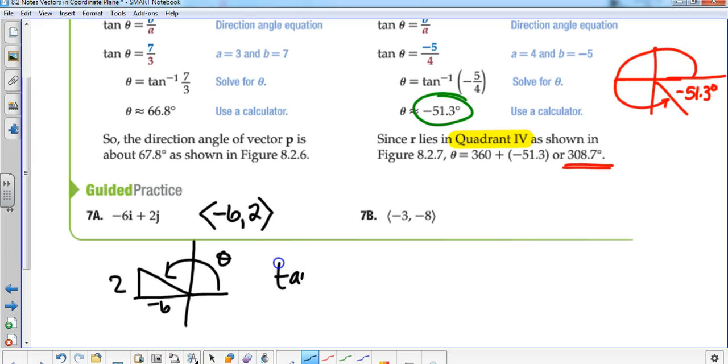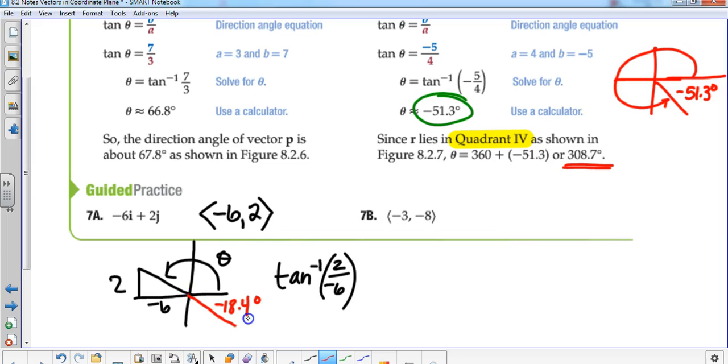So we're going to do inverse tangent of 2 over negative 6, but it's not going to give us the right answer. When we learned inverse tangent functions, we colored our unit circle, remember that? The colored unit circle gives us answers only in 1 or 4, so it thinks we are negative 18.4.